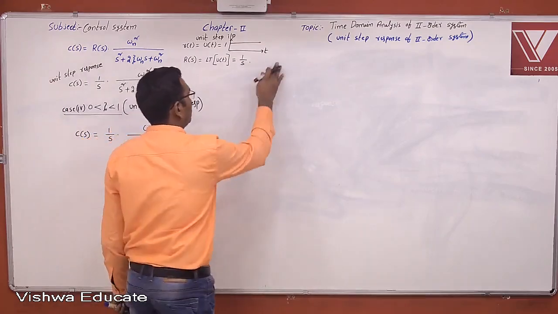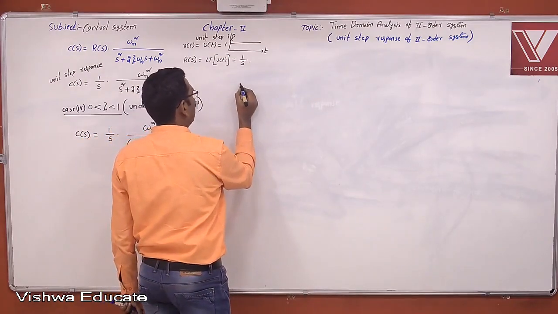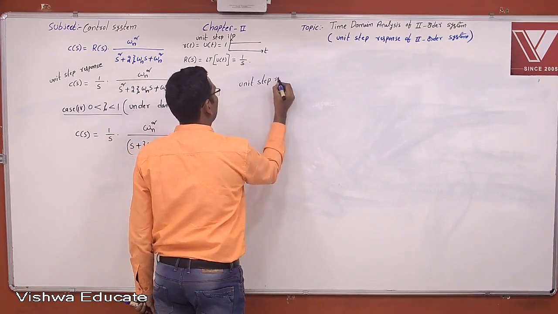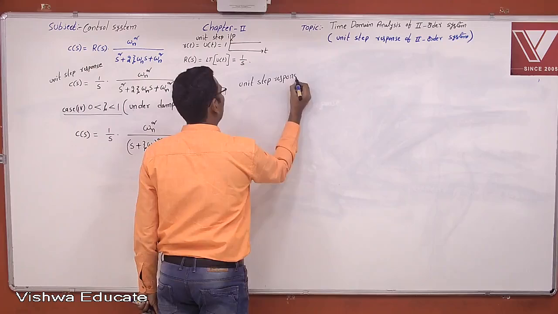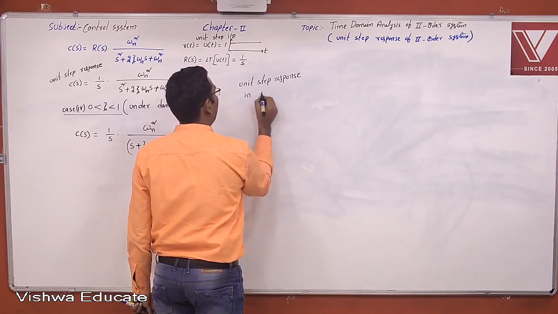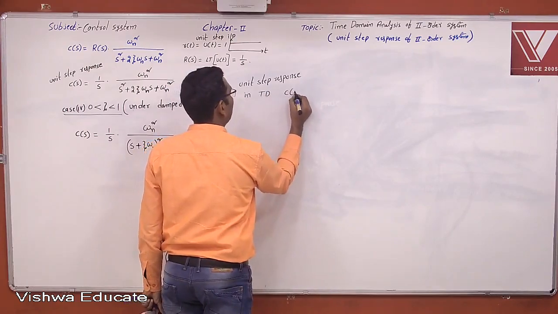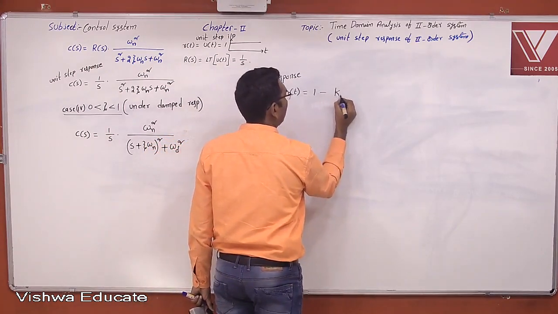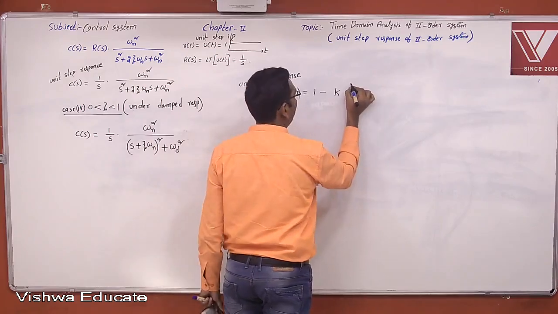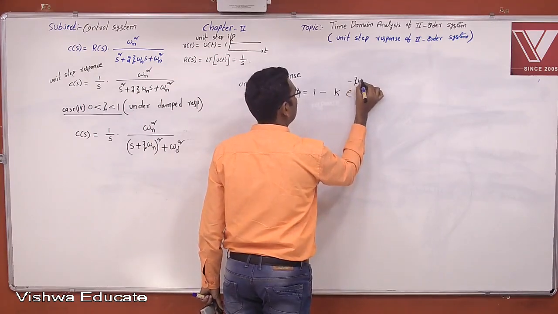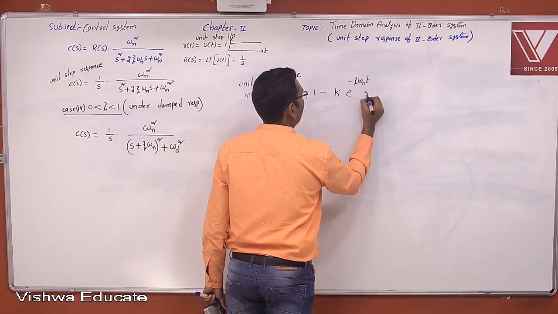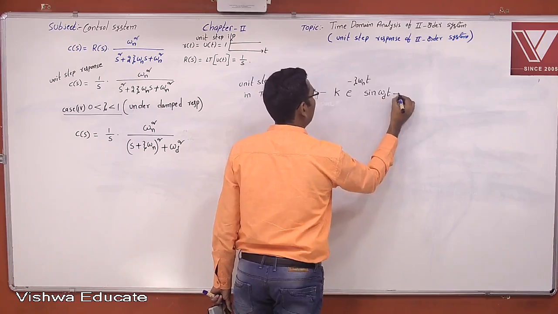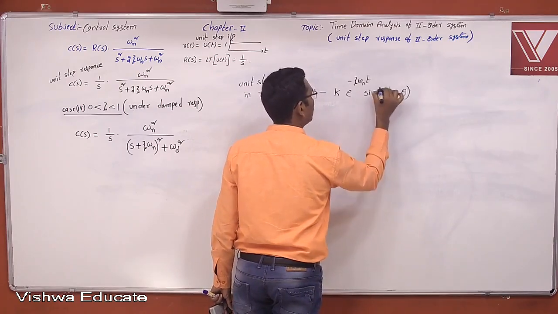Now see here, the unit step response of a second order closed loop control system in time domain, C of t, equals 1 minus k into e to the power of the real part, minus zeta omega n t, times sine of the imaginary part, omega d t plus some theta. How to measure the theta value we will see later.